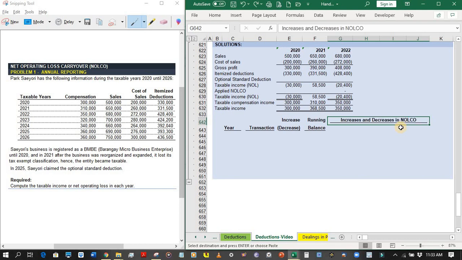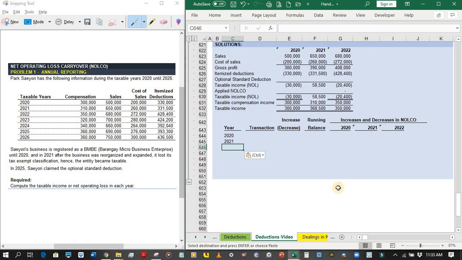Then for 2020, of course, we have no NOLCO, as well as in 2021. And in 2022, we have a NOLCO of 20,400. So that is an increase in NOLCO of 20,400. That is why the balance of the NOLCO as of the end of 2022 is 20,400.